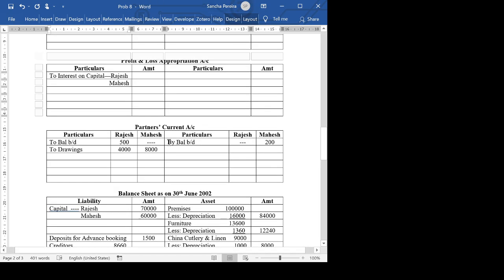So 5% of 70,000 is 3,500 and 5% of 60,000 is 3,000. So this is an expense to the business and an income to the partner. So I will show it as by interest on capital, 3,500 and 3,000.